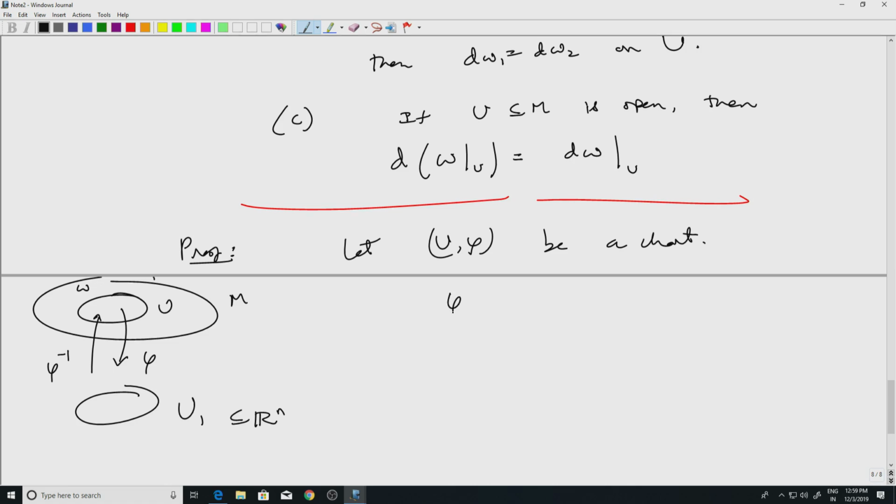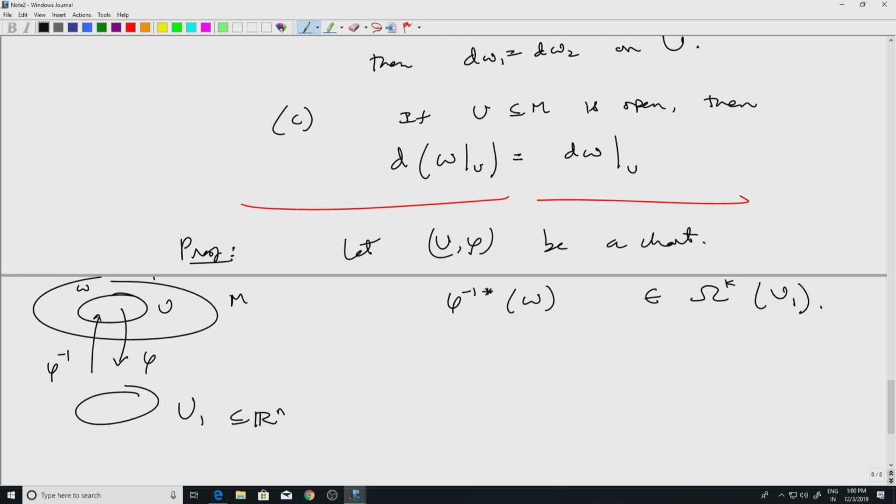So I look at phi inverse star of omega. This will be a K form on U1. And then I can do the D operation here, since we have already studied exterior differentiation on open sets in R^n. I can do D here and I'll get a K plus 1 form. Then use phi to pull it back.